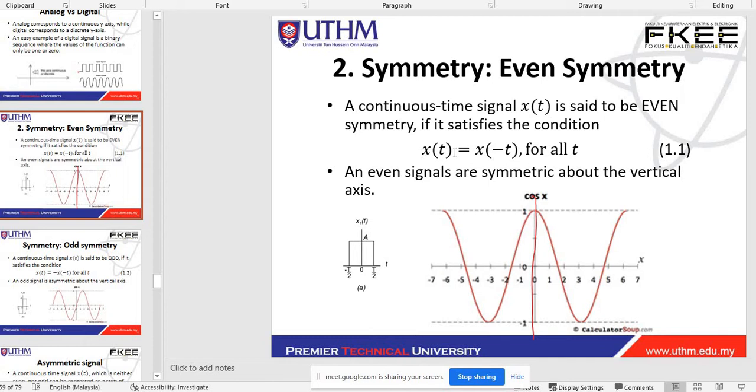So if x(t) refers to this cosine signal, then it is equal to x(-t), which is the negative side of the signal x(t). So if it is an even signal, this means it is a mirror image.